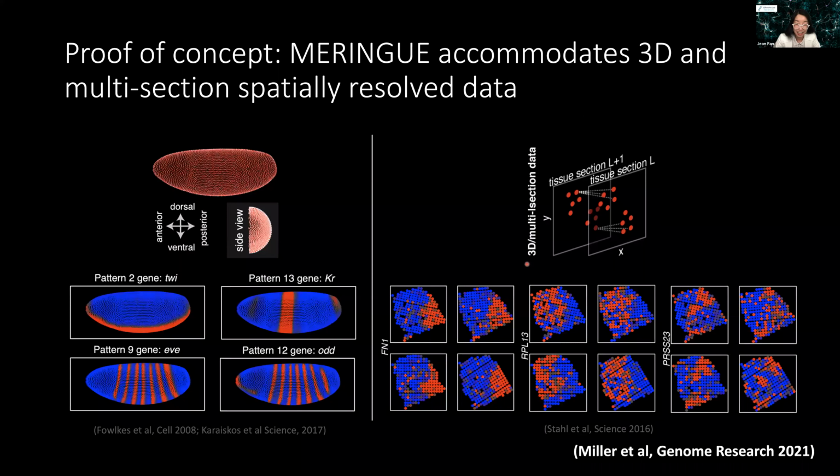But we can define spatial neighbors exclusively to those cells that, for example, align across these different sections rather than within sections. And this particular manner of defining spatial neighbors allows us to look for spatial patterns that are, for example, consistent across tissue sections.